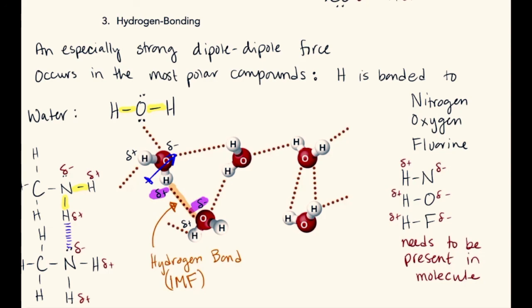The hydrogen bonding forces are the strongest of the three. So in terms of strength, it goes London dispersion is the weakest, then dipole-dipole, and then hydrogen bonding is the strongest intermolecular force.